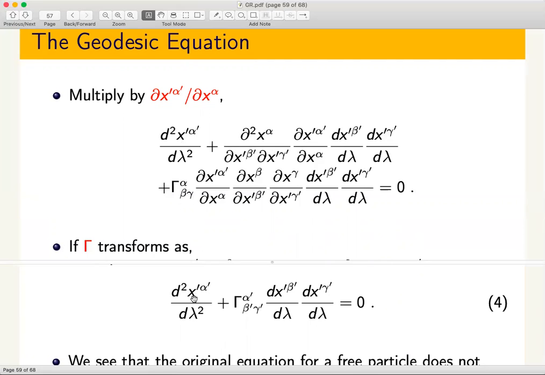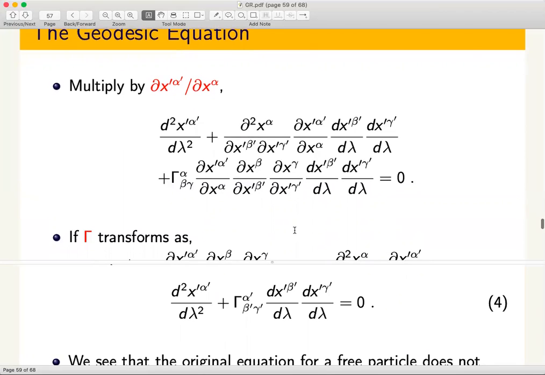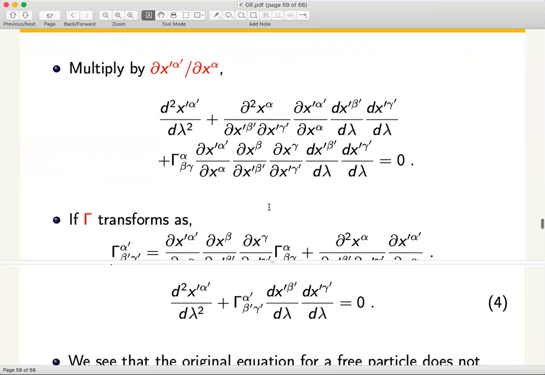Of course the first piece is the same, so that part of the problem is solved. The remaining piece has terms like dx prime beta prime by d lambda, dx prime gamma prime by d lambda common. So you can pull that out and collect the remaining part of the expression.